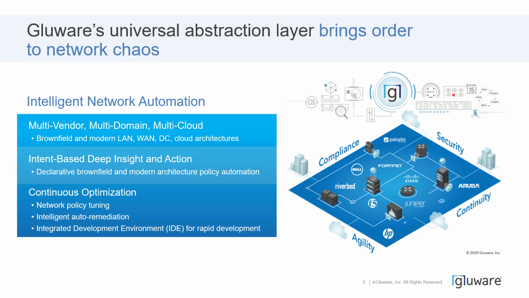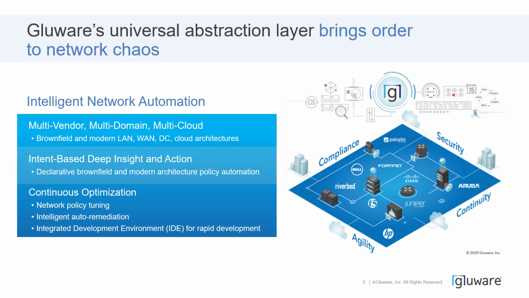So when you look at that, Gluware helps you achieve compliance on your network, automate the network to achieve better security, and enable continuity in terms of performance and keeping the network up and running. And having Gluware in place gives you agility to tackle the next challenge that the business throws at you.